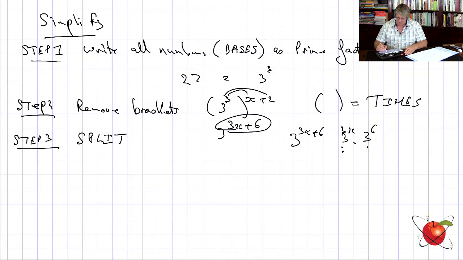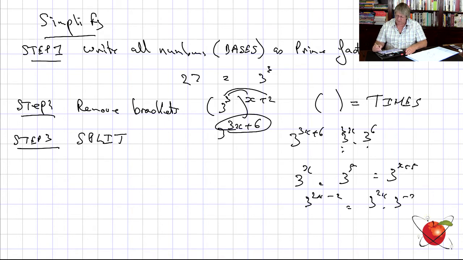If I've got 3 to the power of x multiplied by 3 to the power of 5, that is 3 to the power of x plus 5. If I've got 3 to the power of 2x minus 2, that is 3 to the power of 2x, 3 to the minus 2, but we don't use negative exponents.